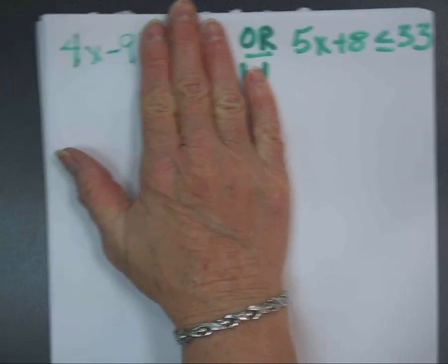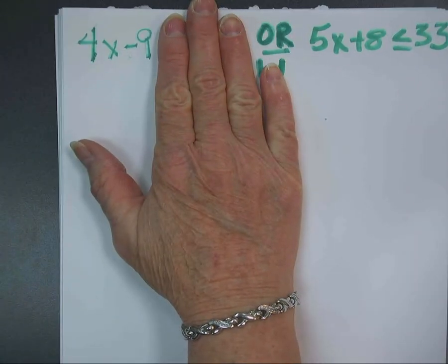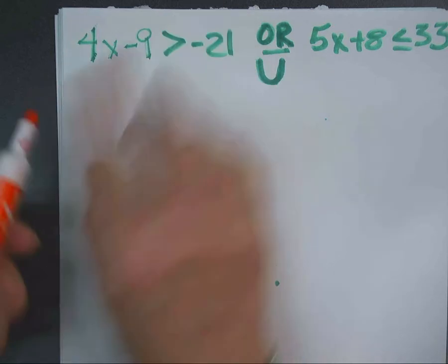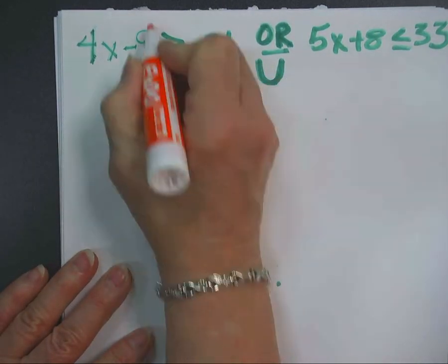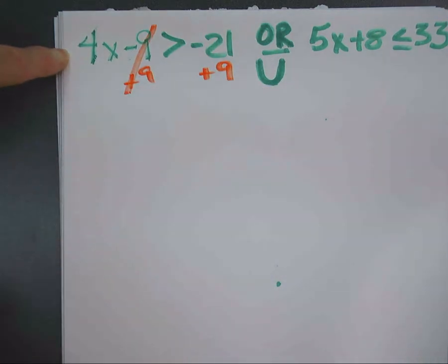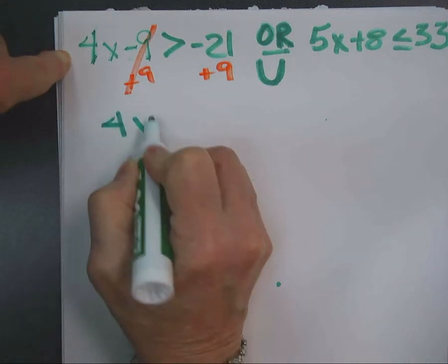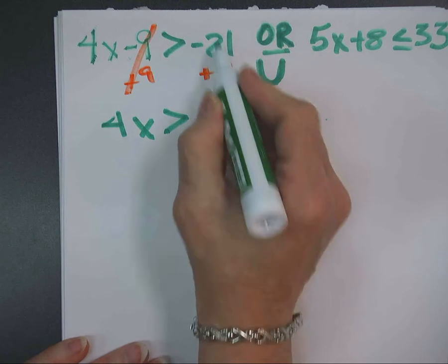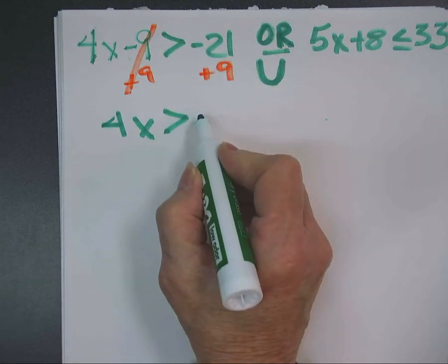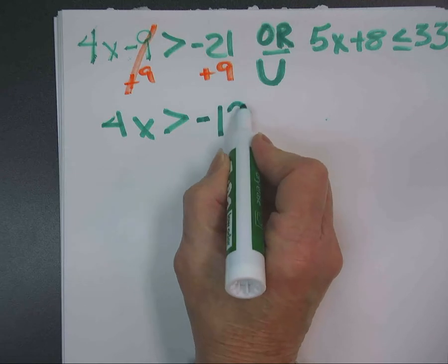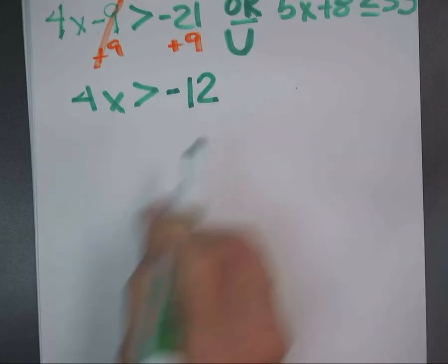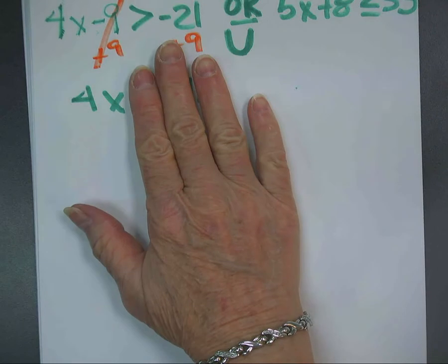What are we going to do first here? Plus 9, add 9, right. So we have 4x is greater than what? Negative 12. And then what do we do to solve for x?